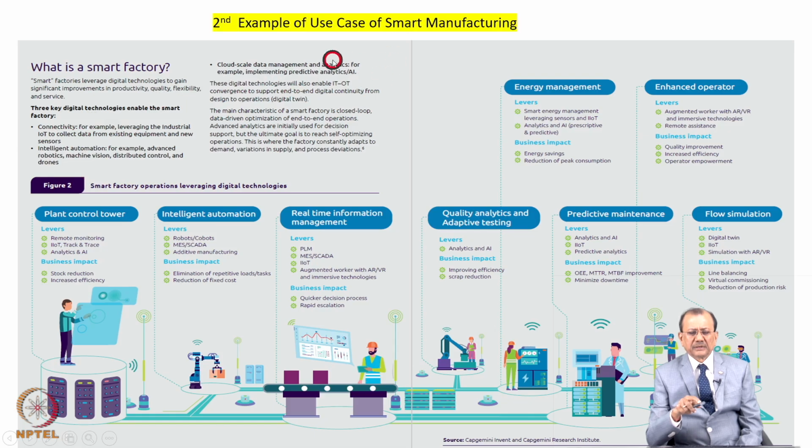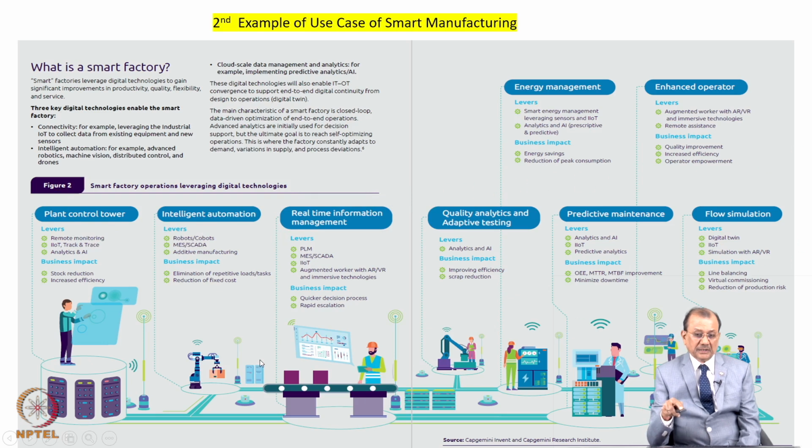The cloud captures the data, and data management is done on the data stored on the cloud. These are three very important aspects we have to keep in mind if we like to set up smart manufacturing, and you see the outcomes, the plant control tower, intelligent automation; these are some of the things which any smart manufacturing company will like to explore and establish in their company.